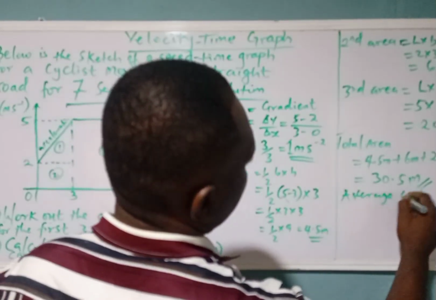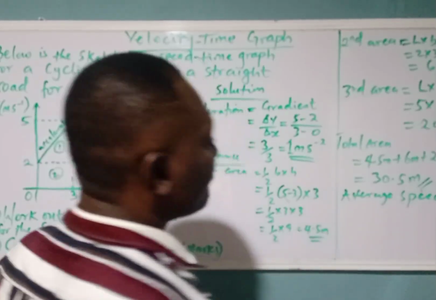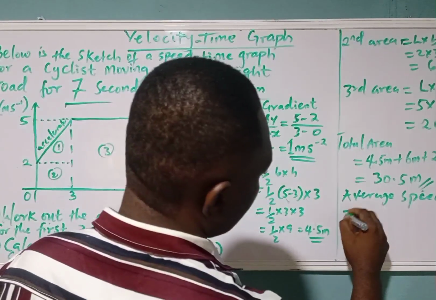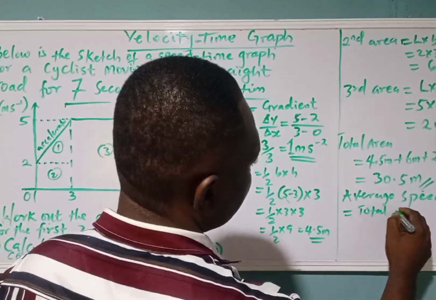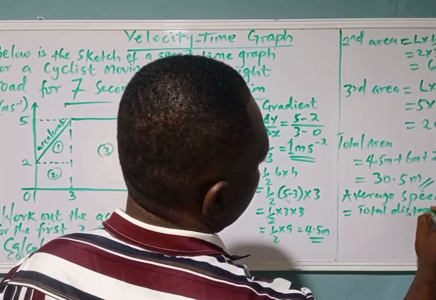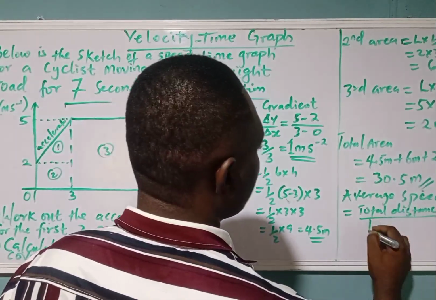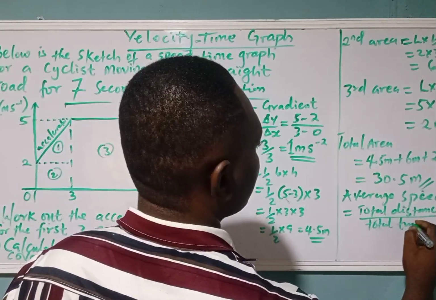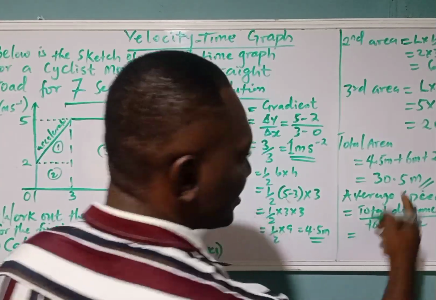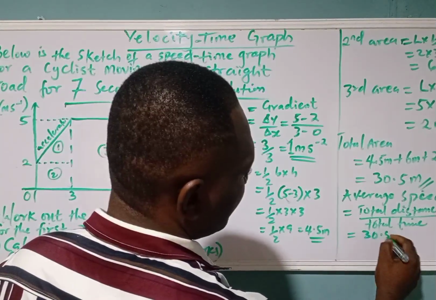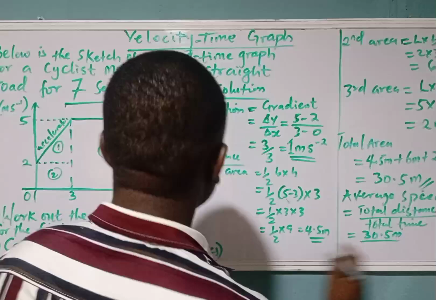If you are asked to calculate the average speed, what you just do is total distance divided by the total time. Total distance we've already calculated to be 30.5 meters, and the total time here, they say 7 seconds.